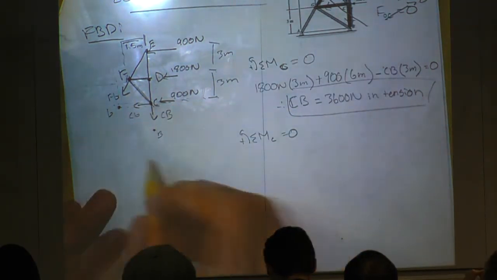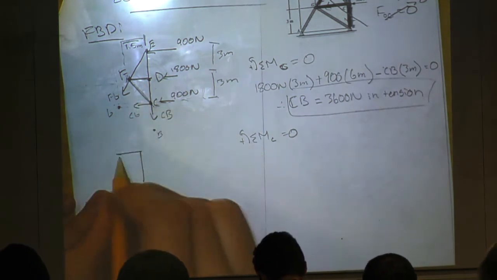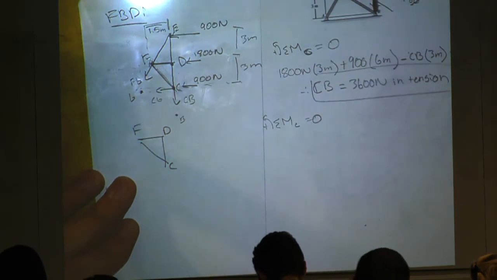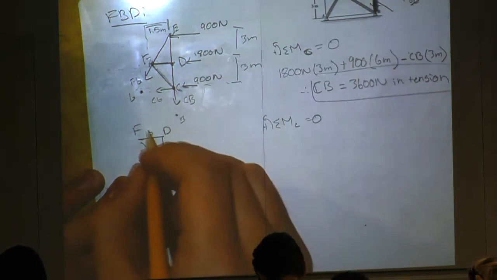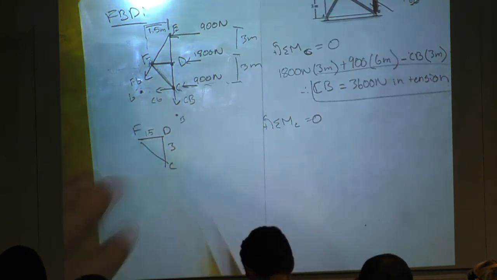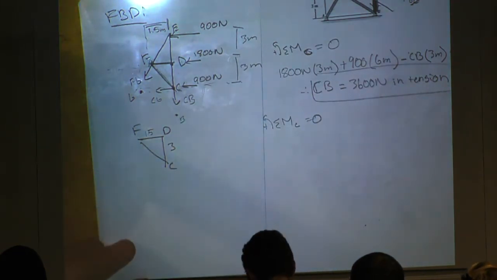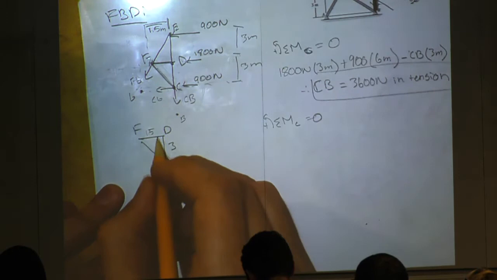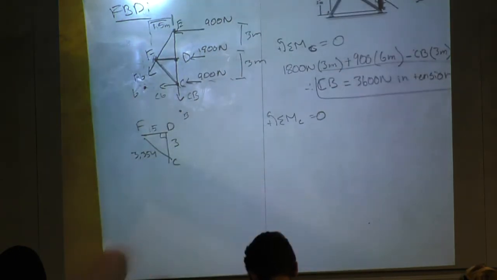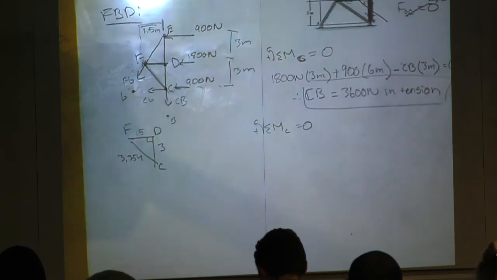So I make my little triangle, right, FDC. And I know that's 1.5, right, because they give that to me up here. And I know that's 3. So if I do a little Pythagorean theorem, it's about 3.354. All right, and you guys can check that on a calculator. Should be correct.